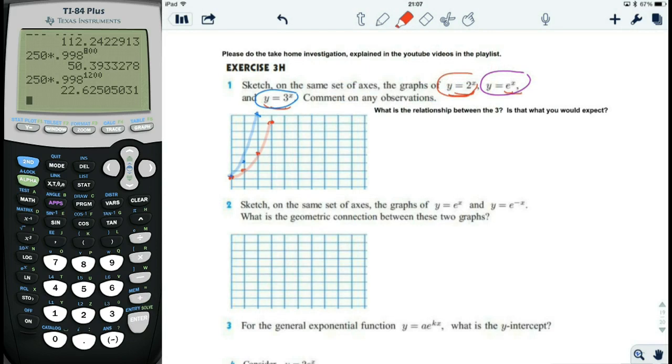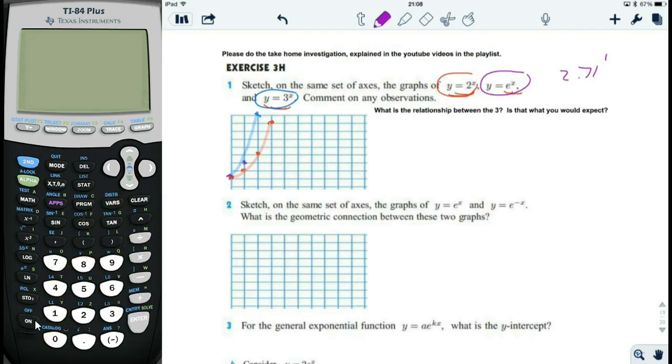And now let's do e to the x. E to the x is a little bit tricky because it's not whole numbers. So it starts out at (0, 1), and then at 1, now remember, e is about 2.71, so e to the 1 is 2.71. So it would be between the red and the blue value here. And then the second value would be 2.71 squared, or you'll notice your calculator has an e button.